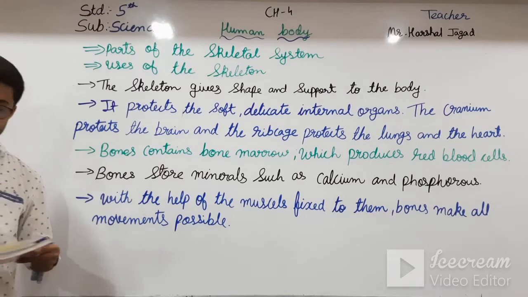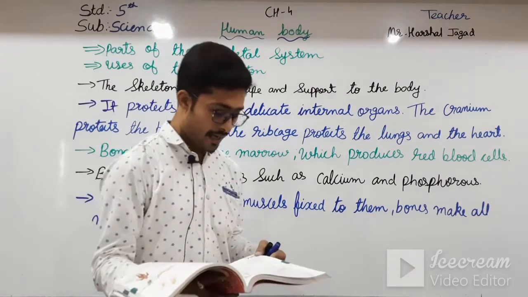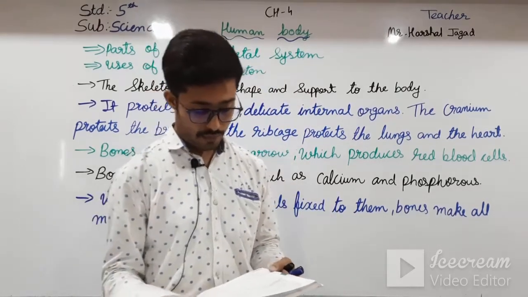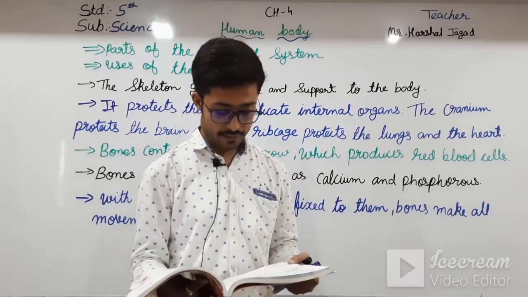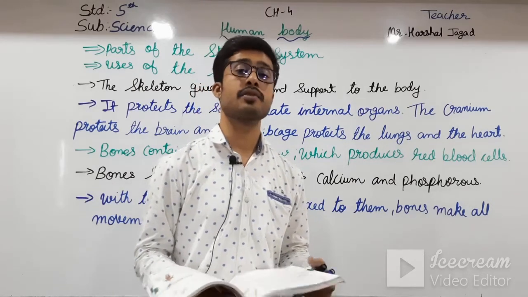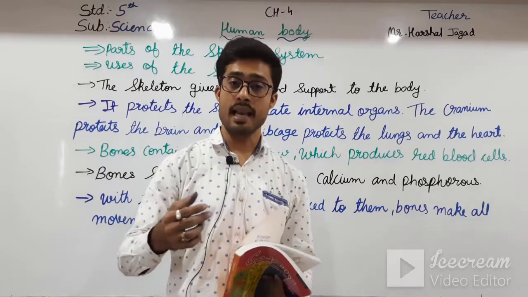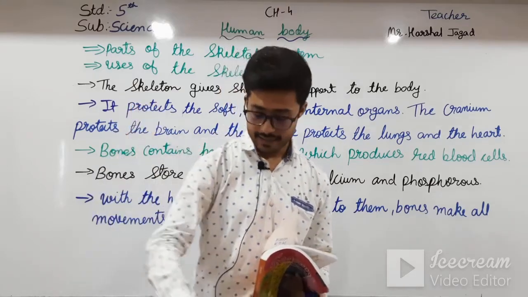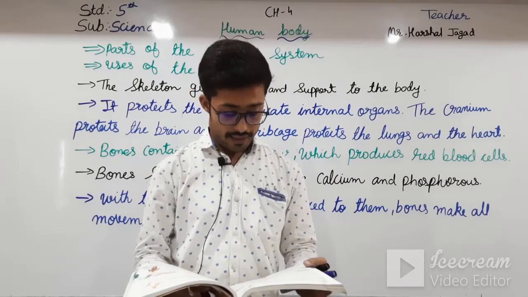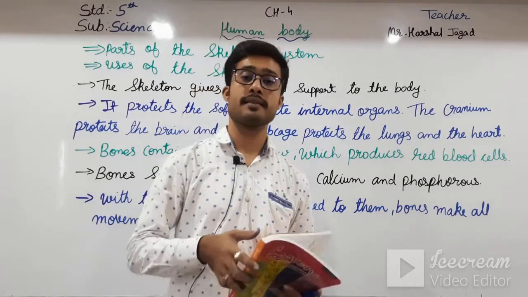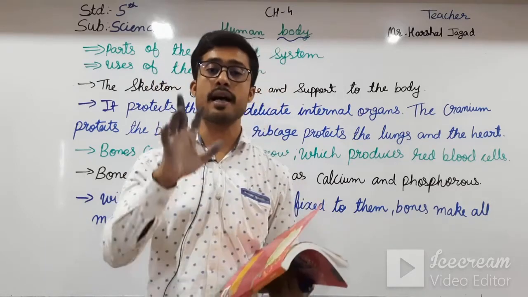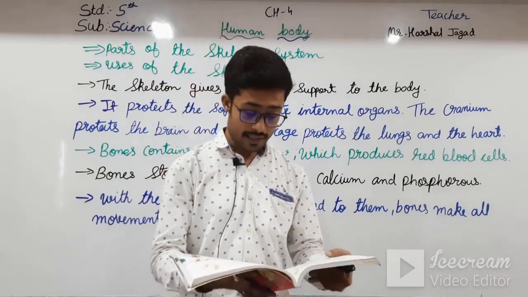Okay students, first we will see hinge joints. What are they? The elbow, the knee, and the finger and toe joints are examples. The joints in the elbow, knee, finger and toe are known as hinge joints.